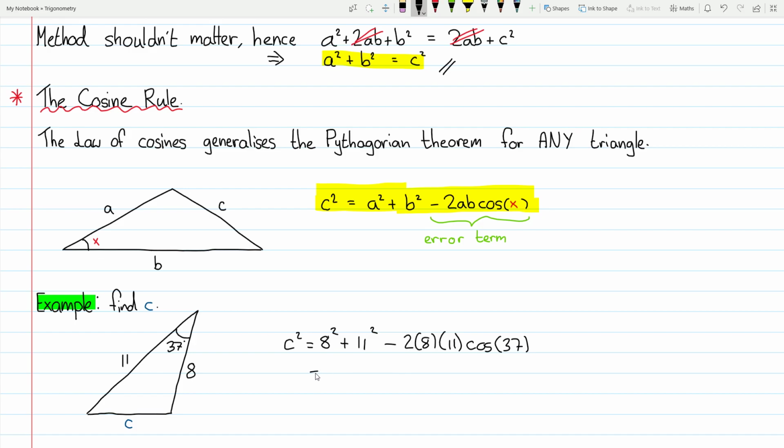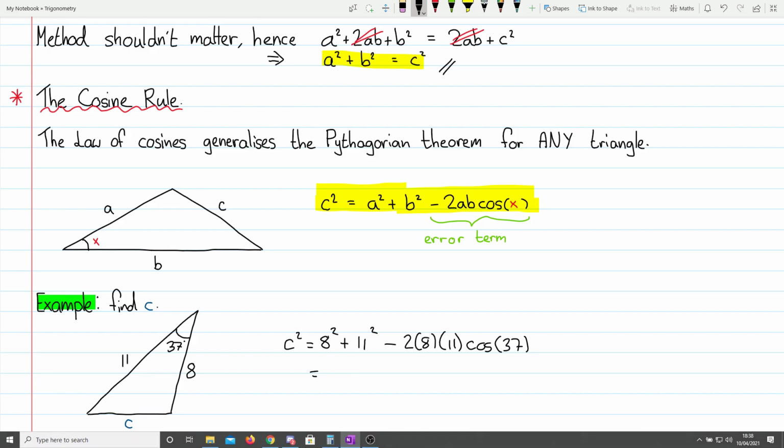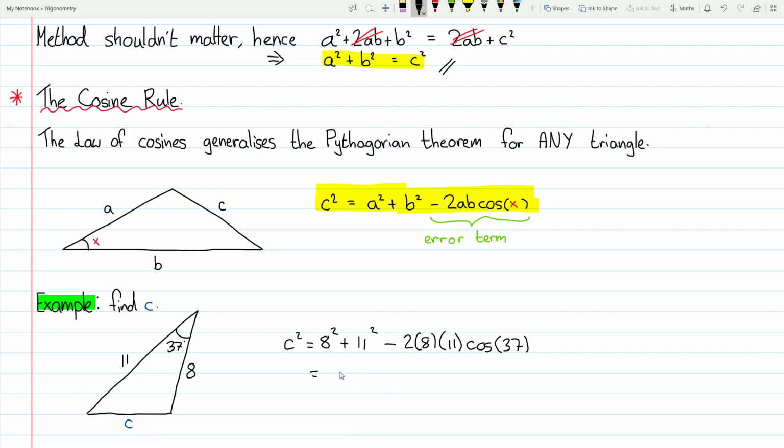Okay? So again, we can plug this into a calculator. So I've got my calculator here. 8 squared plus 11 squared, take away 2 times 8 times 11 times the cosine of our angle 37. And this seems to be about 44.44.